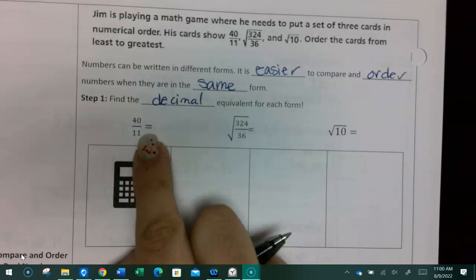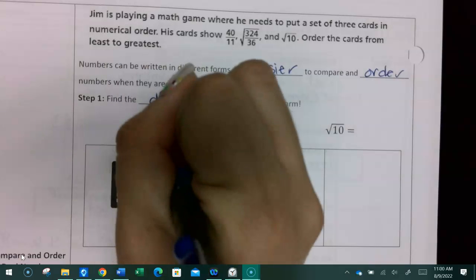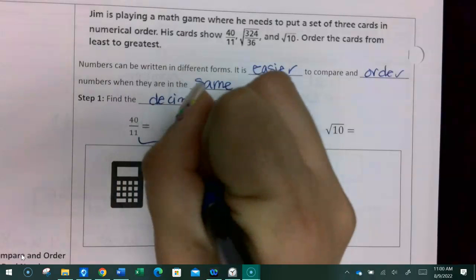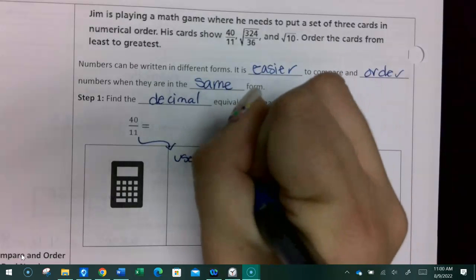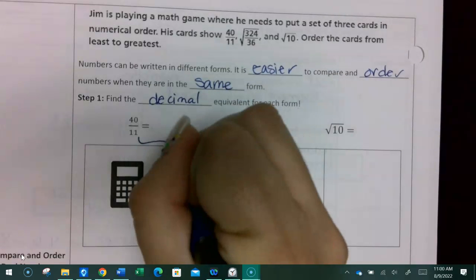So for this first one, the way I'm going to figure this out is I am going to use the divide sign on the calculator. So I'm going to write the top number.